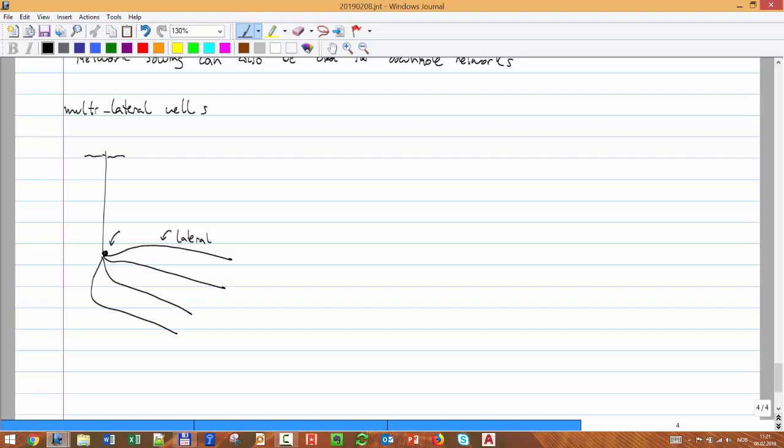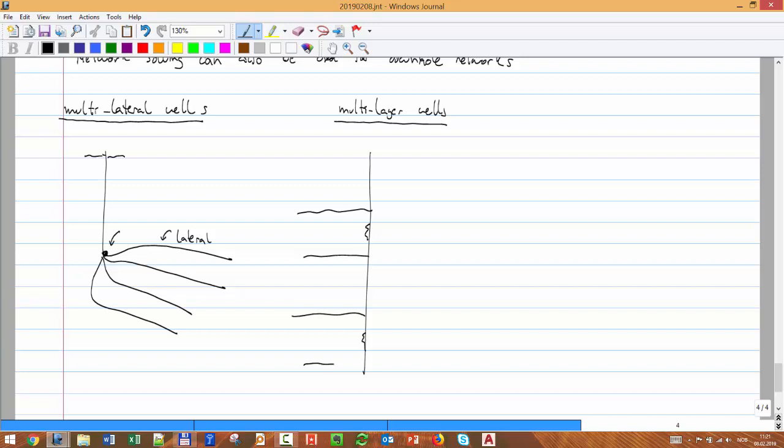You can also have multi-layer wells. For example, we have one layer up here, and we have one layer up here. We simply put a pipe inside, and that will be layer 1, and that will be layer 2.